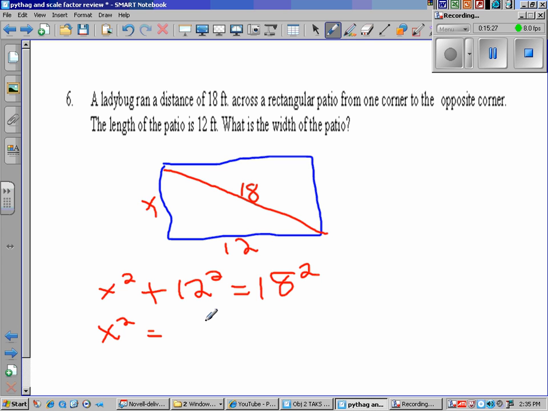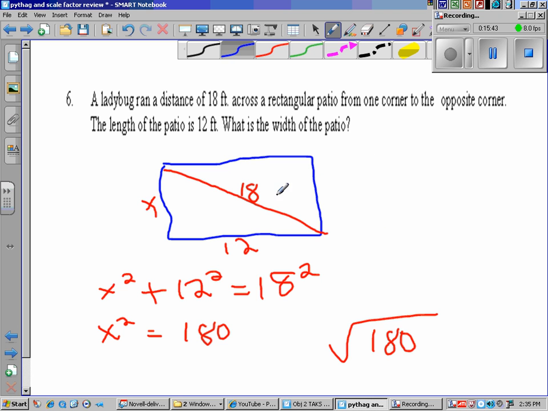And that gives you 180. So to find your width, take the square root of 180, which will give you 13.4. Well, let's use a green one.